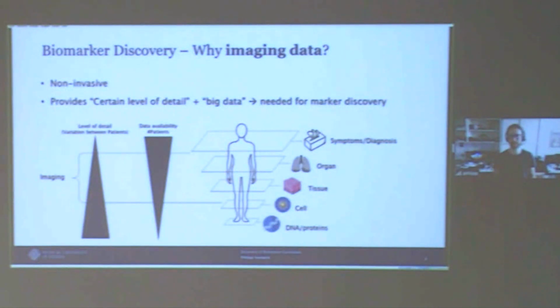On one hand, it's non-invasive. On the other hand, it's the sweet spot in the middle where it provides a certain level of detail about the patient. And on top of that, big data is available. So both properties are needed for biomarker discovery.